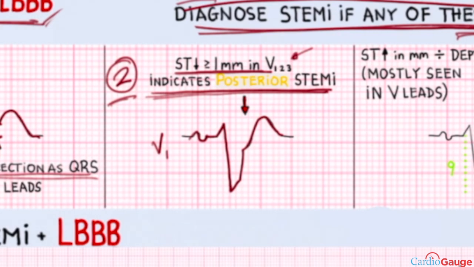ST depression in V1 with left bundle is very unusual. It's atypical. What you're used to seeing with the left bundle would be something more like this, where there's ST elevation. Typically, it's more like this. So when the ST segment's actually depressed in V1, that's super unusual and implies an ST elevation MI equivalent.